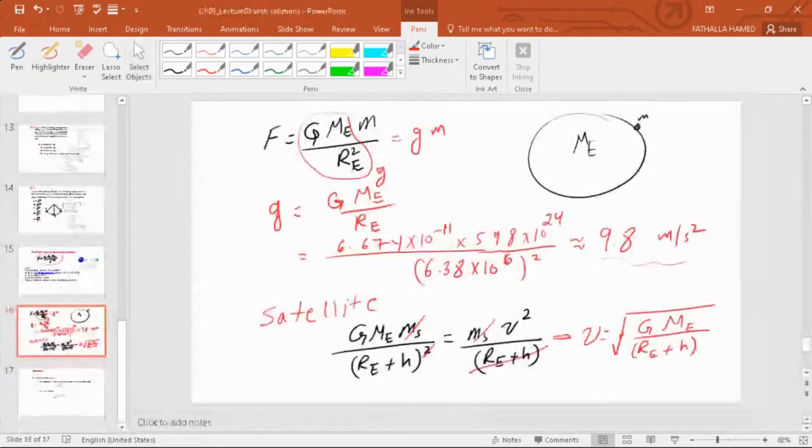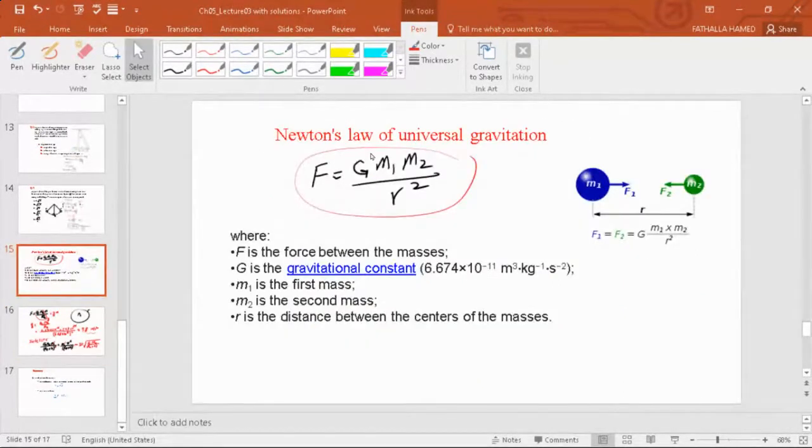If you recall, in chapter 5, I told you about Newton's law of universal gravitation, and we said F is equal to G m1 m2 over r squared, but r is measured from the center to the center.